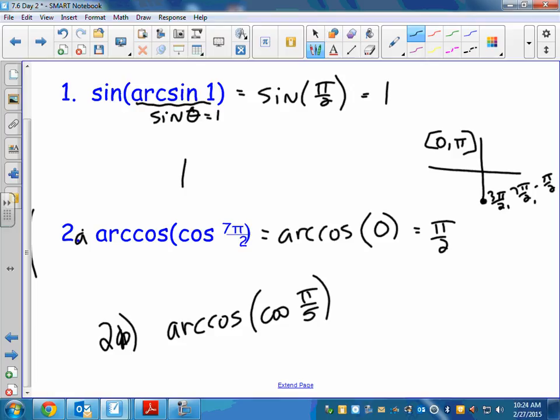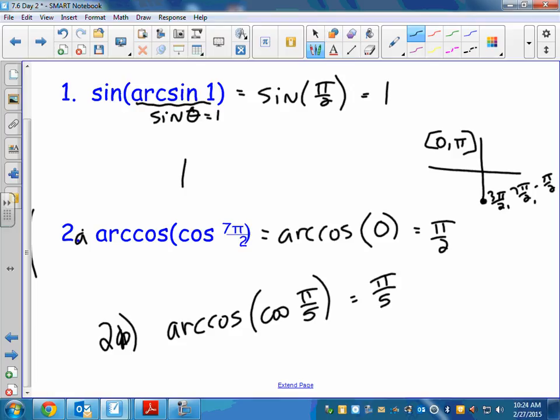Pi fifths is not in my unit circle, right? So you have to think about, does that fit the restrictions? Can I say that arc cosine and cosine are going to just cancel out and give me pi fifths there? Is pi fifths in between 0 and pi? Yeah. And so that's where I could just say pi fifths.